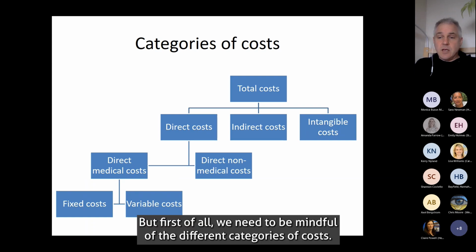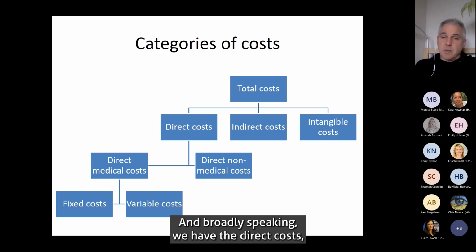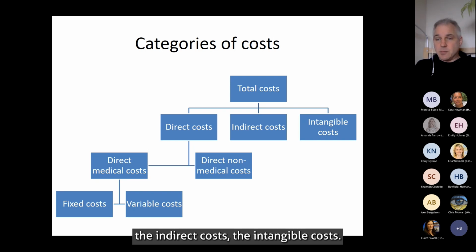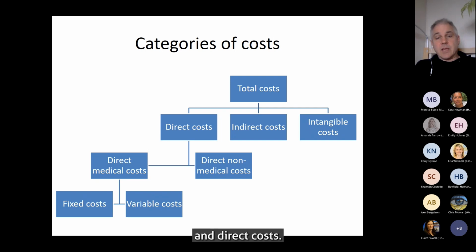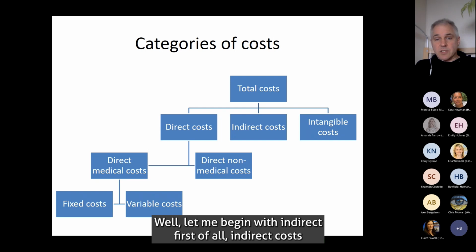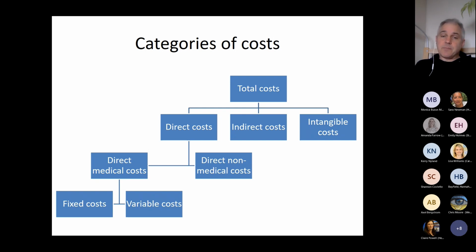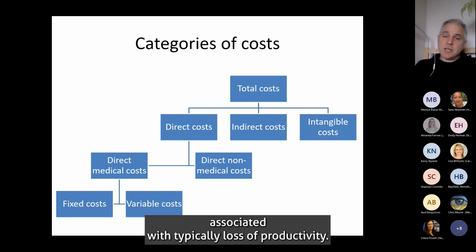But first of all, we need to be mindful of the different categories of costs. Broadly speaking, we have the direct costs, the indirect costs, and the intangible costs, and between them, these make up the total cost of care. Direct costs, well, let me begin with indirect first of all. Indirect costs are those associated with typically loss of productivity.